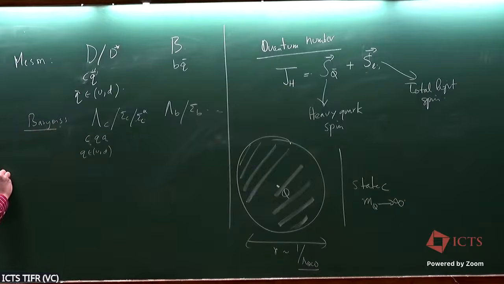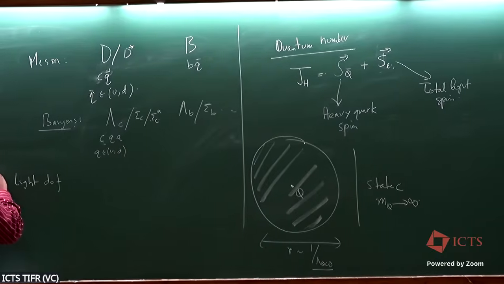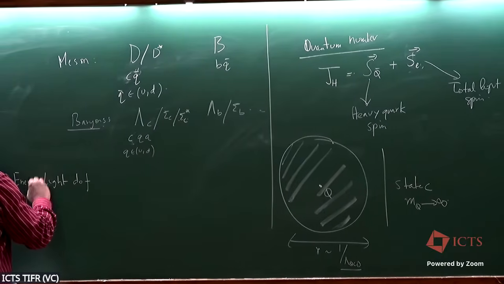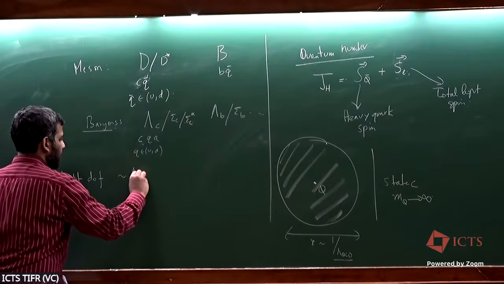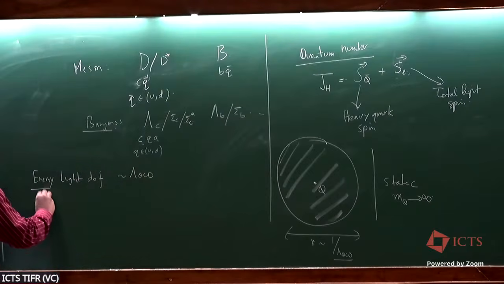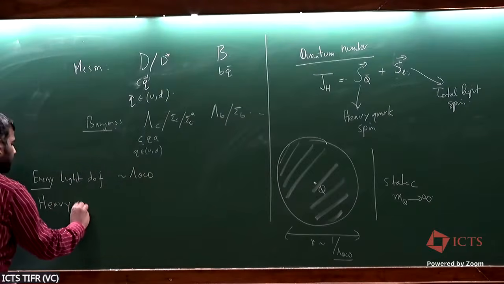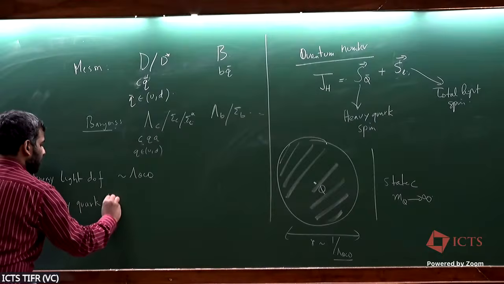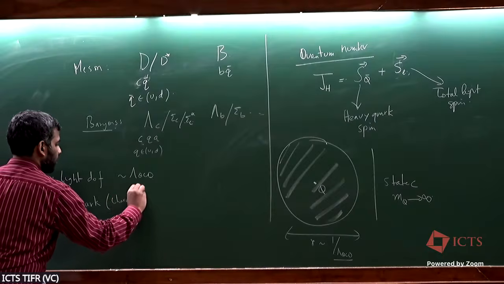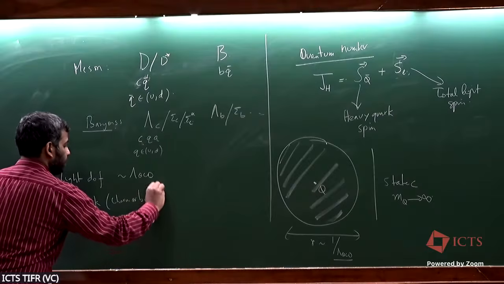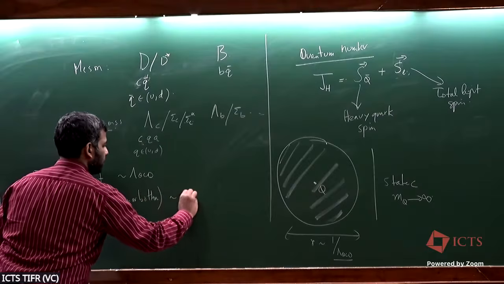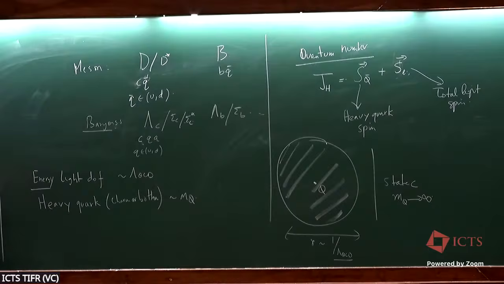And my light degrees of freedom energy scale is Lambda QCD, while the heavy quark, which is charm or bottom, has mass M_Q.